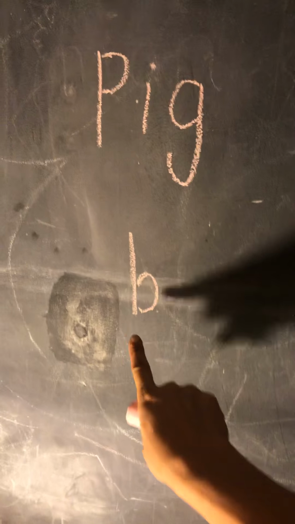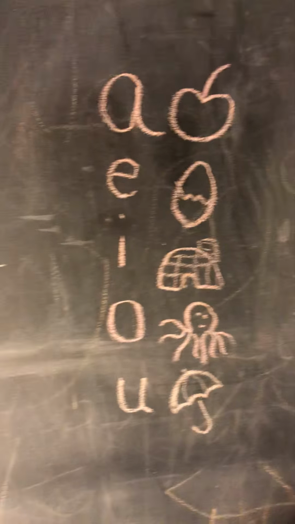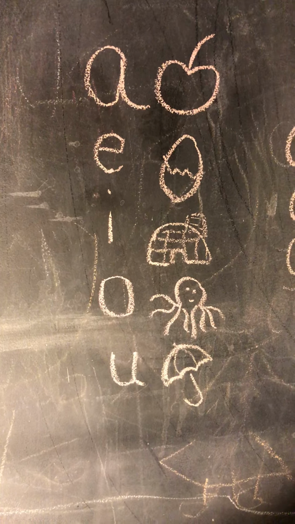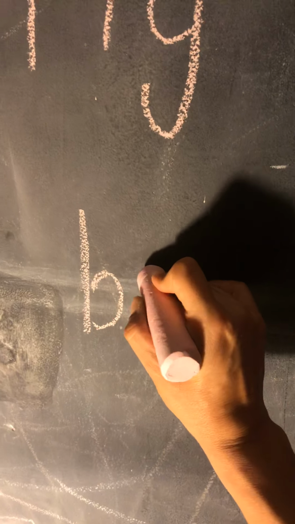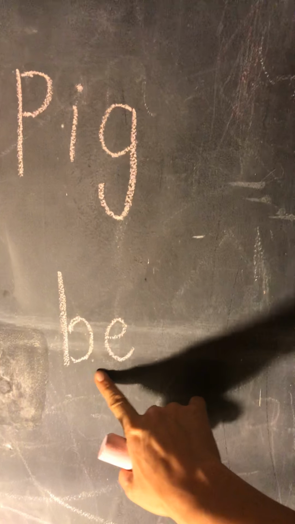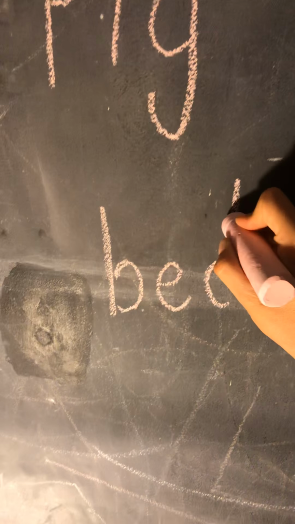Okay, let's keep going. We've got B. But what's the next sound? B-e. Oh, that sounds like one of my vowels. Which one could it be? E. Sounds like E from egg to me. All right, so B-e. I've got be. What am I missing? Bed. The D that goes D.